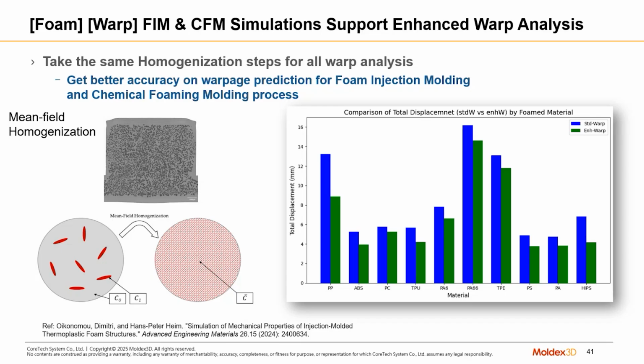But that information wasn't directly taken into the warpage solver. So now we have incorporated that mean field homogenization into the total displacement. Instead of using a standard warp type of methodology, we're now able to support the enhanced warp type of methodology for those foaming applications.